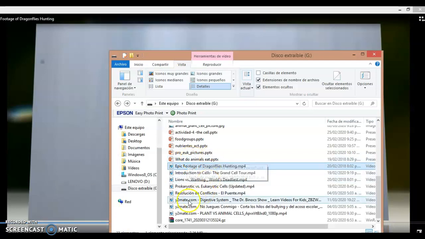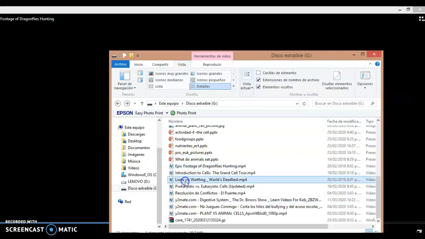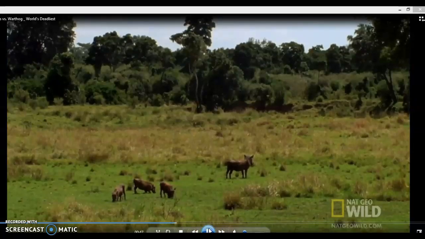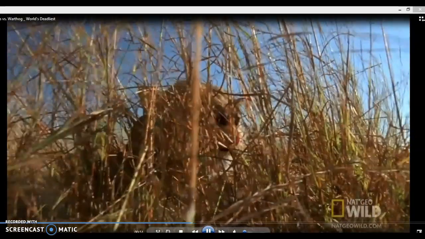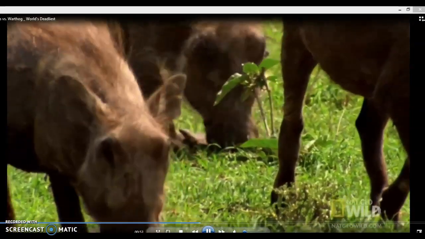Please pay attention. It's about lions versus warthog. Warthog is kind of jabalí. Entonces vamos a prestar mucha atención in here, okay, guys? Look at this. You have here lioness, leonas.